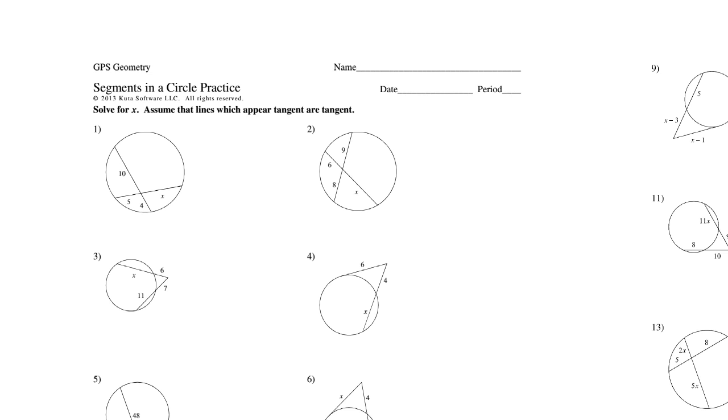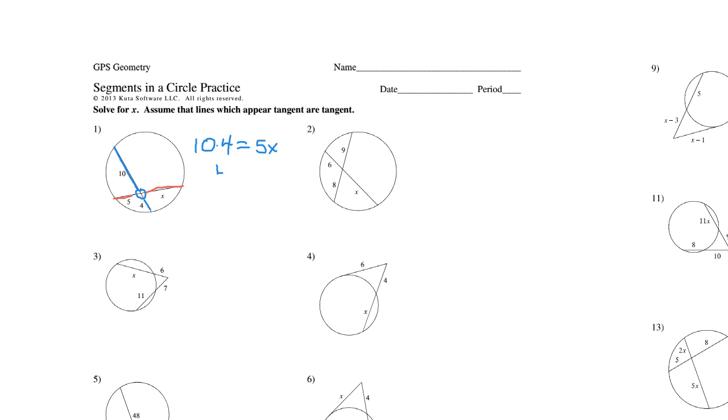So what we see in this first problem is a point at the middle, and I'm going to circle that. This is kind of our key point. Now, power of a point is a theorem that states that this length to the point times this length to the point should be equal to the product of this length times this length, which means for us that 10 times 4 should equal 5 times x.